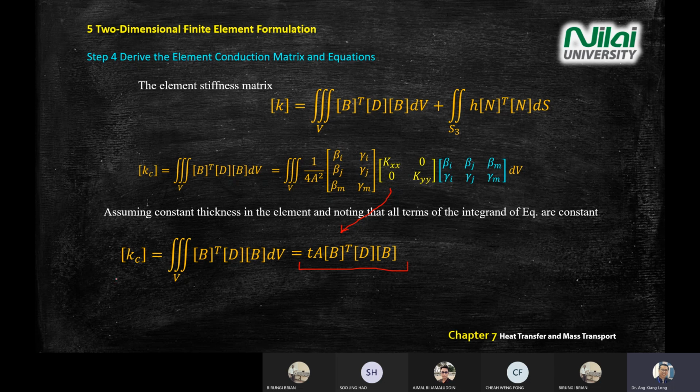If you want to calculate two-dimensional finite element analysis for heat transfer, you use Kc equals t, thickness, times area, times B matrix transpose, D matrix, and B matrix. Then you get the answer for the K matrix. This is an important equation to get the K matrix for conduction. This one represents conduction.